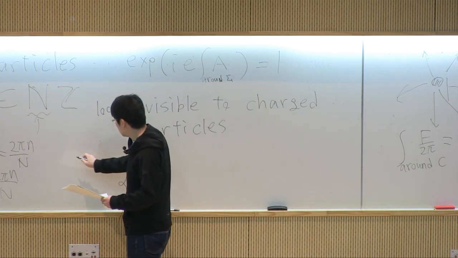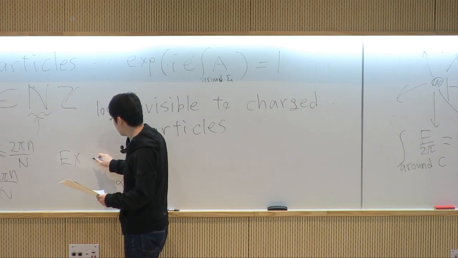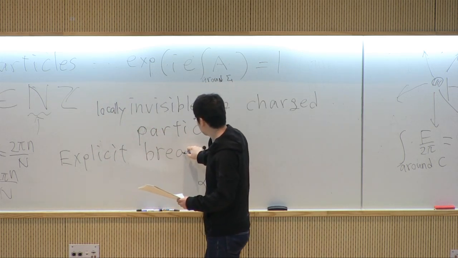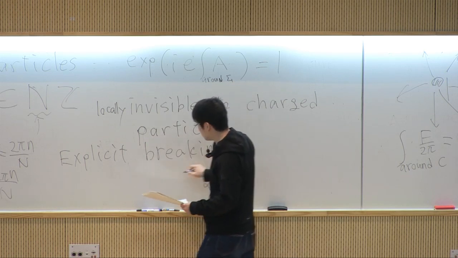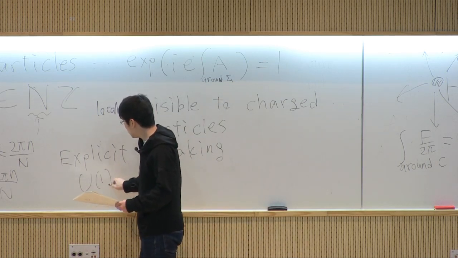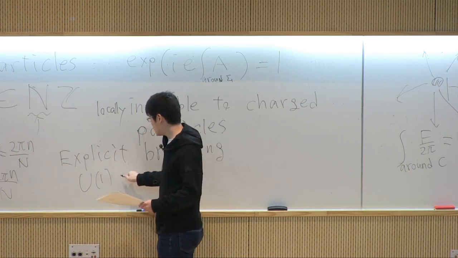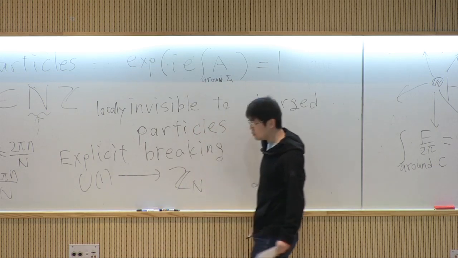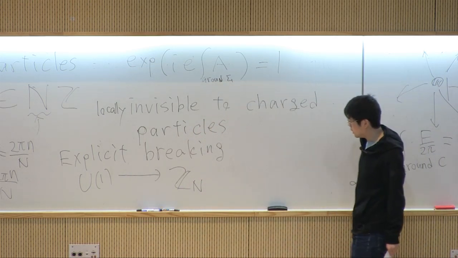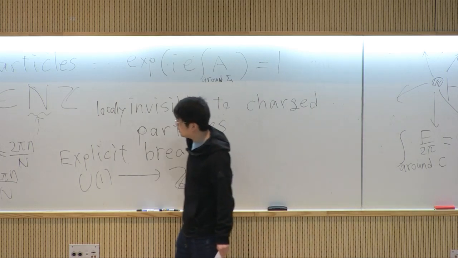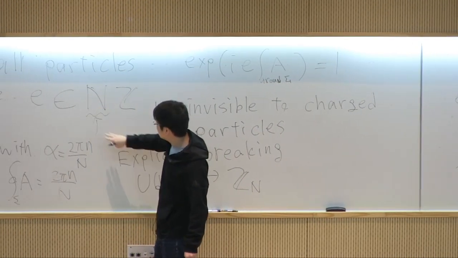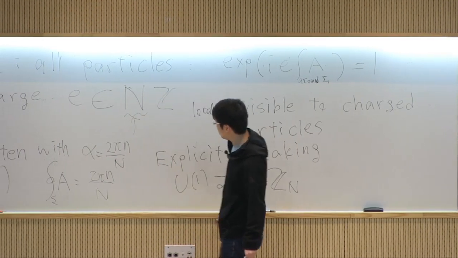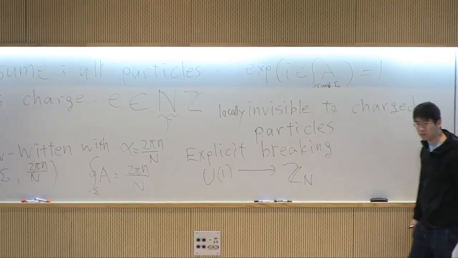So there is an explicit breaking. Originally we have a continuous U(1) one-form symmetry, but it is explicitly broken to a Z_N subgroup. And this capital N is specified by this condition. I assumed that all particles have charges that are multiples of this capital N. Then the Z_N subgroup remains.